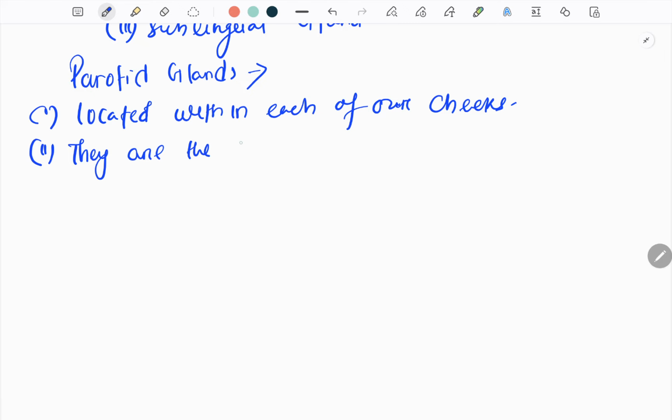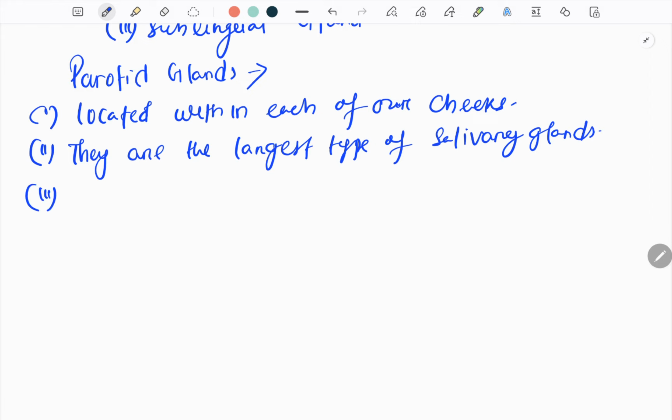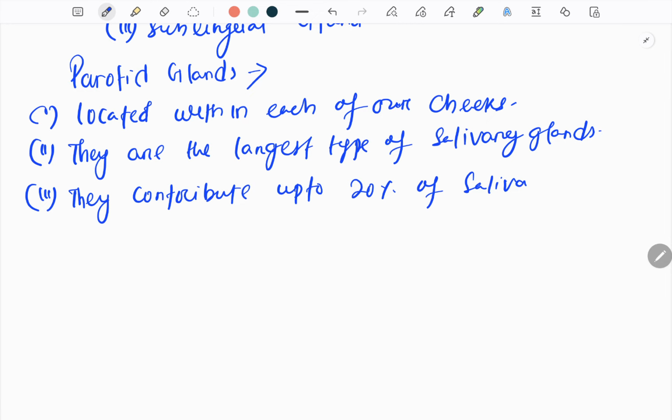They are the largest type of salivary glands.